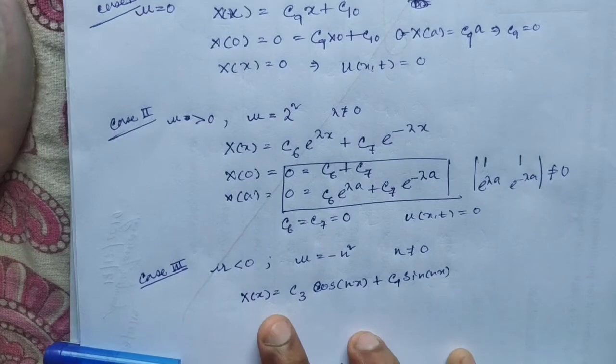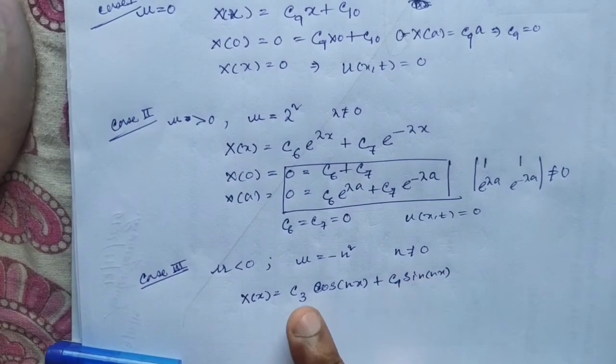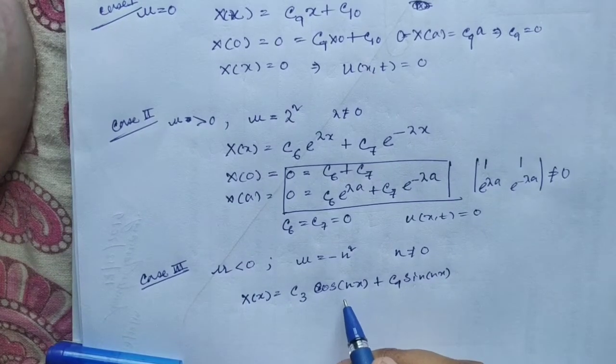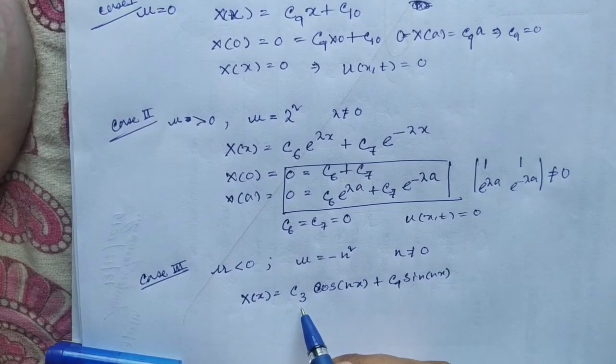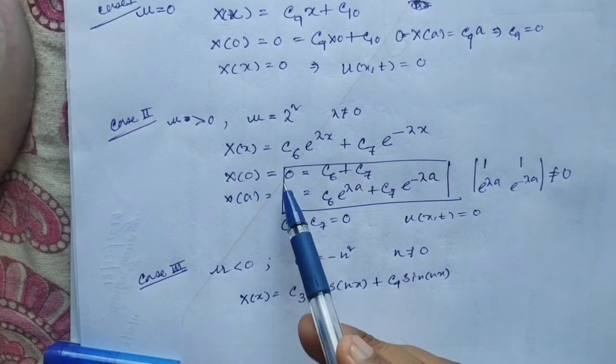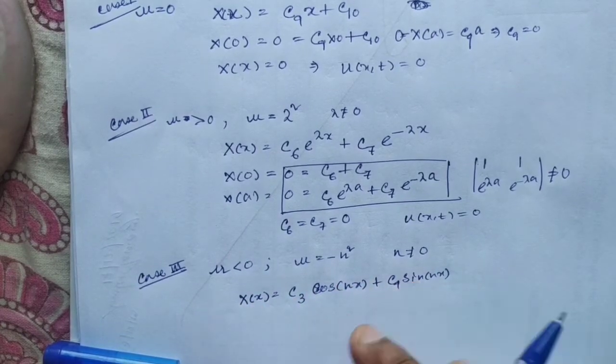Now see, whenever you put x equal to 0, this sine part is equal to 0 and the cosine part is equal to 1. So C3 is equal to 0. Using the condition X(0) equal to 0, you are left with only the second term.